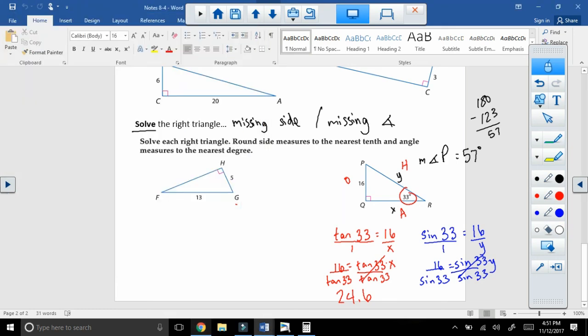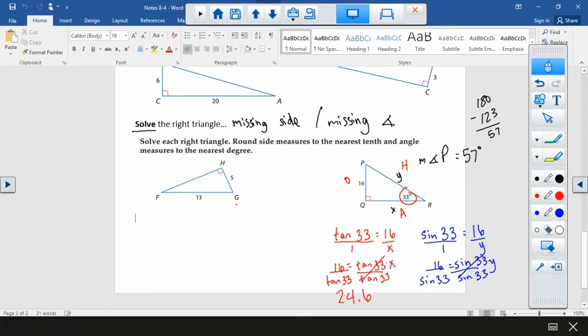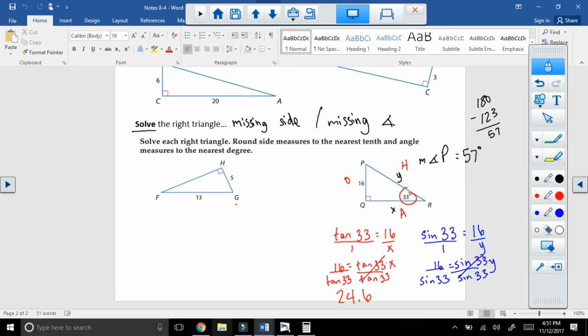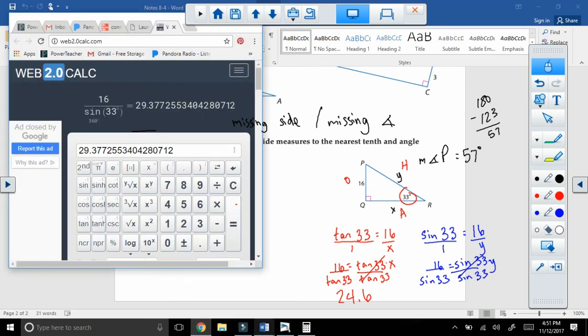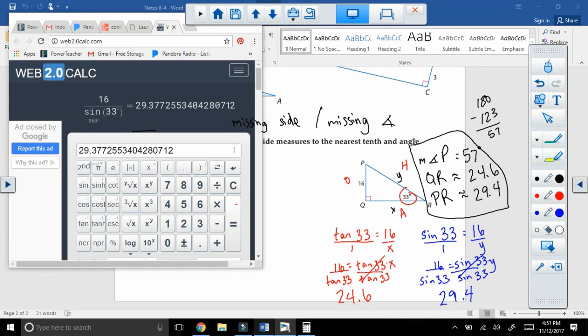And this one here is 29.4. So again, you can see I have all the different answers that I need. QR is about 24.6, and PR is about 29.4, and then that would be finding everything that I have missing.